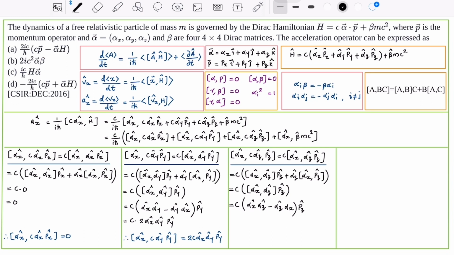Therefore, our commutator becomes c times 2 alpha x alpha z pz. Hence, the commutator of alpha x and c alpha z pz is equal to 2c alpha x alpha z pz.